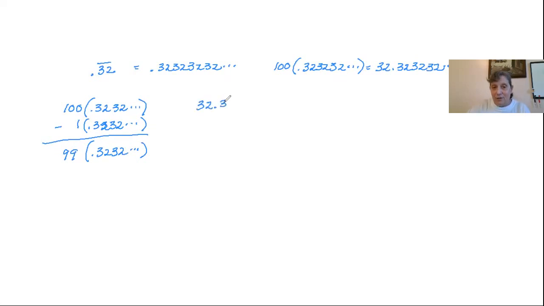So 32.3232... minus 0.3232... Since all of these digits are going to line up forever, this leaves 32. So 99 times 0.323232 forever is equal to 32, and 0.3232 forever is equal to 32 over 99.